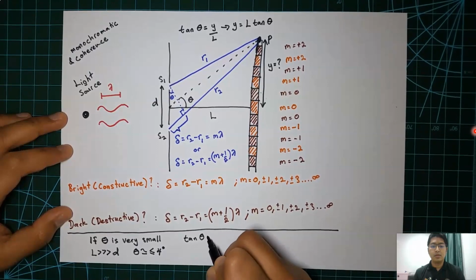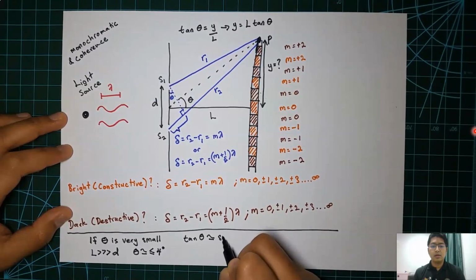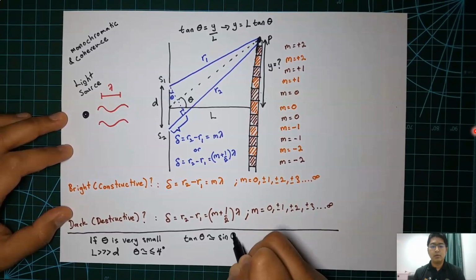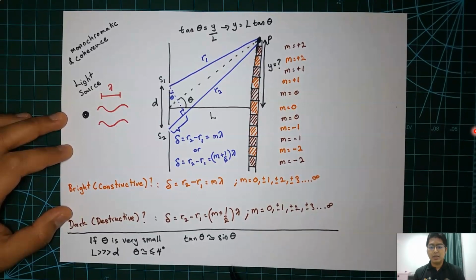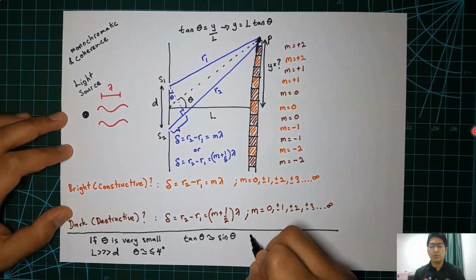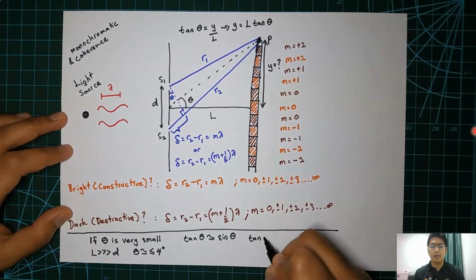So we can say that tan theta is approximately equal to sine theta.